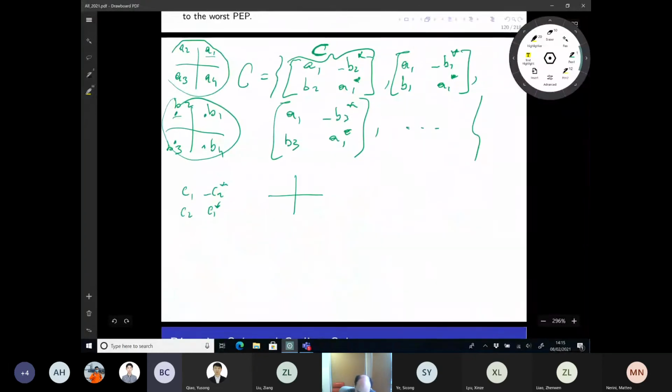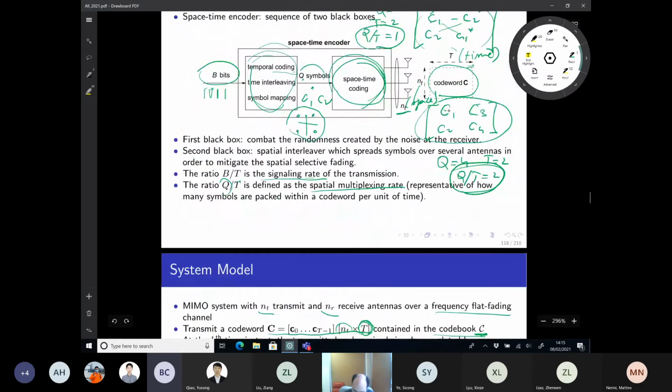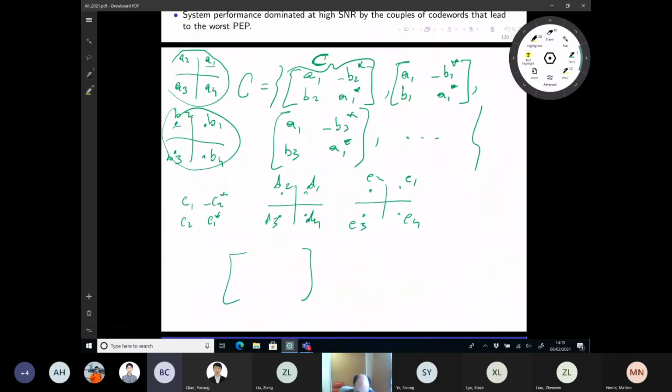I'm going to have to create A, B. Let me call this, not using C because we have it here, but let's imagine we have then D1, D2, D3, and D4, and then we have E1, E2, E3, and E4, right? And now I'm going to have matrices following this argument here. I have 4 possible symbols coming from 4 different constellations. So I could have many different solutions here.